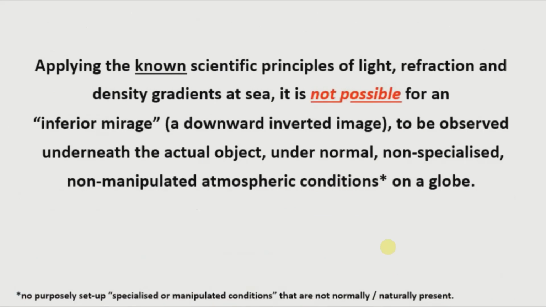Applying the known scientific principles of light, refraction, and density gradients at sea, it is not possible for an inferior mirage, a downward inverted image, to be observed underneath the actual object under normal, non-specialized, non-manipulated atmospheric conditions on a globe.